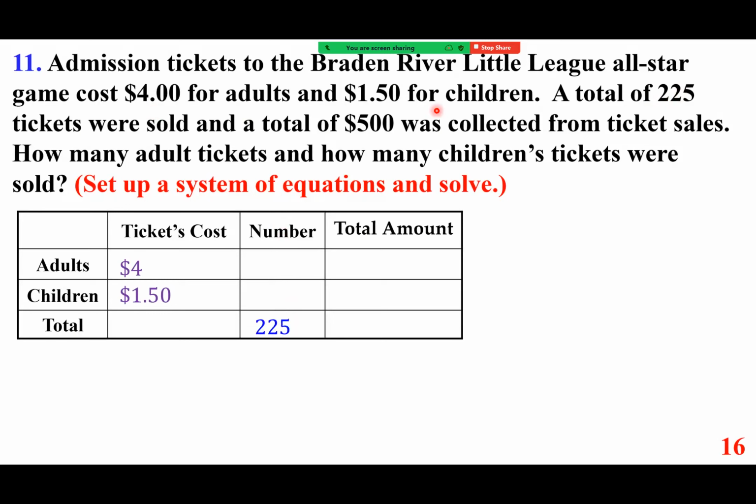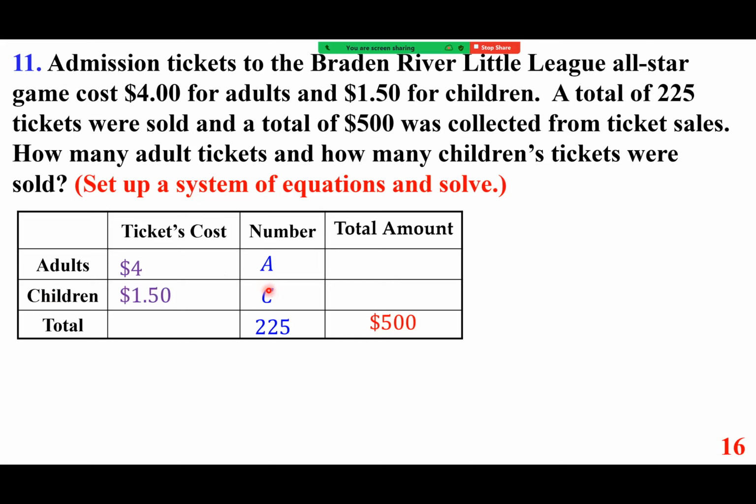And then we collect total of $500, total amount. So these are the given. So how many adults? Again, you can go with X and Y, but I'm going to go with A, and for children C. So I'm going to use the initials. Again, you don't have to. You have to use either what they tell you or choose your own.